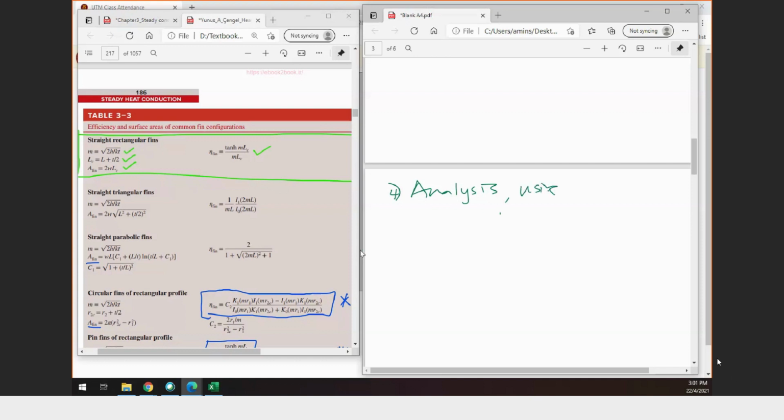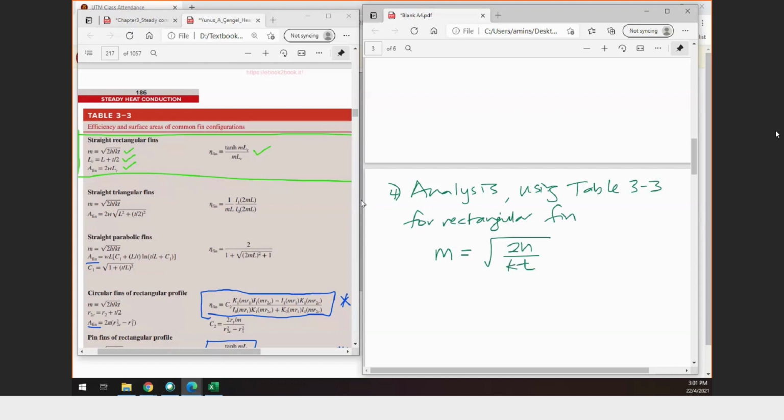Using table 3.3 for the straight rectangular fin, you need to find the m value, which is the square root of 2h over kt.